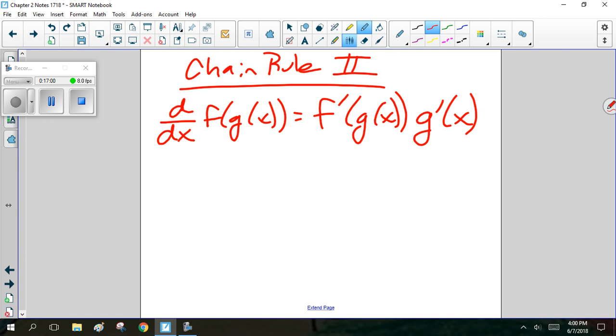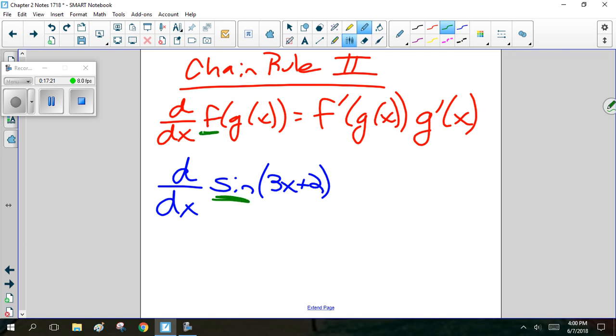let's do some examples. So suppose I want the derivative with respect to x of, here's a fairly common thing that might come up, let's do sine of 3x plus 2. Okay, so here is f, and here is g of x, right?